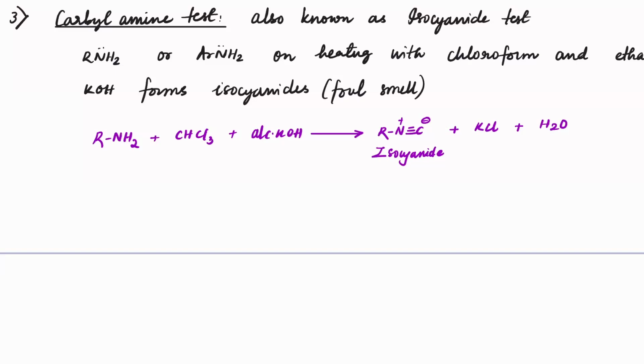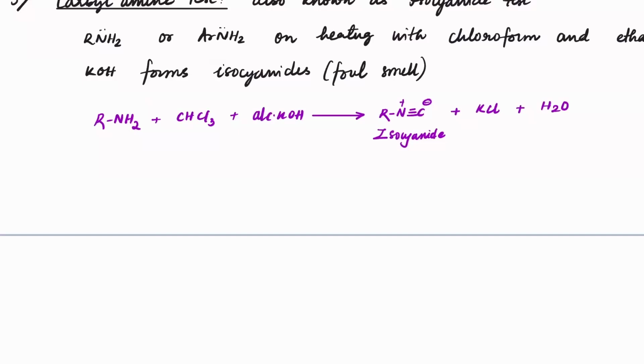So how do we get this reaction here? Let's see. Mechanism wise, if we load the mechanism: CHCl3 plus OH minus, OH minus will take away H plus and convert that into CCl3 minus plus H2O.